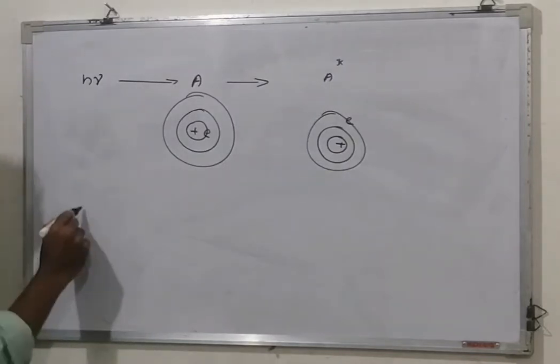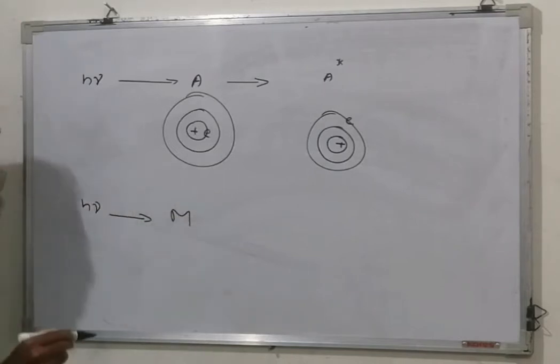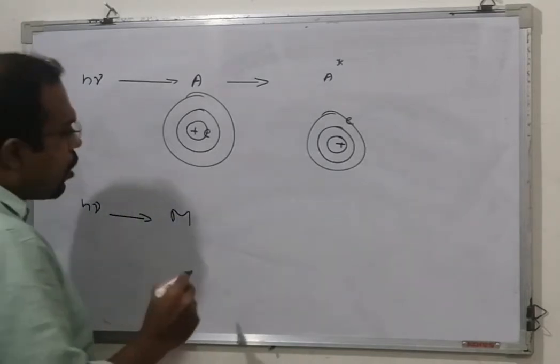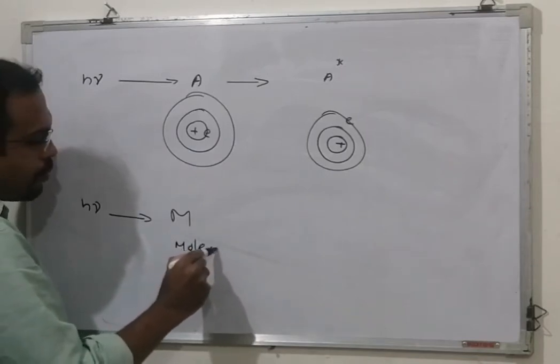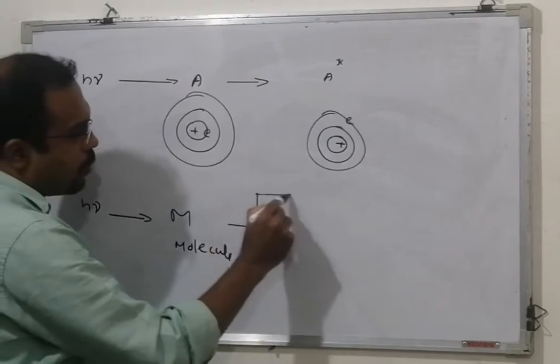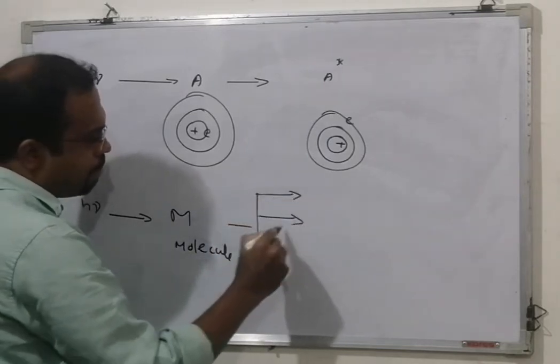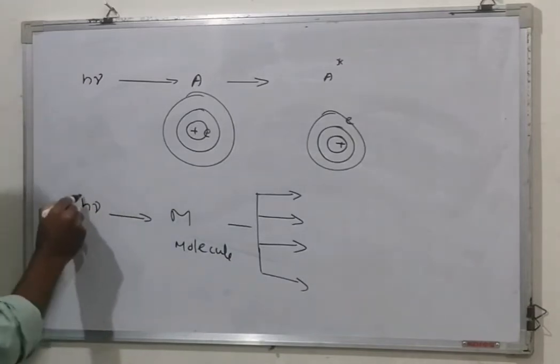Similarly, if you give light to molecules, what happens to the molecules? M is the molecule. Here, in the atom, only the electron changes, but in molecules a lot of things happen, depending upon the energy of the photon.